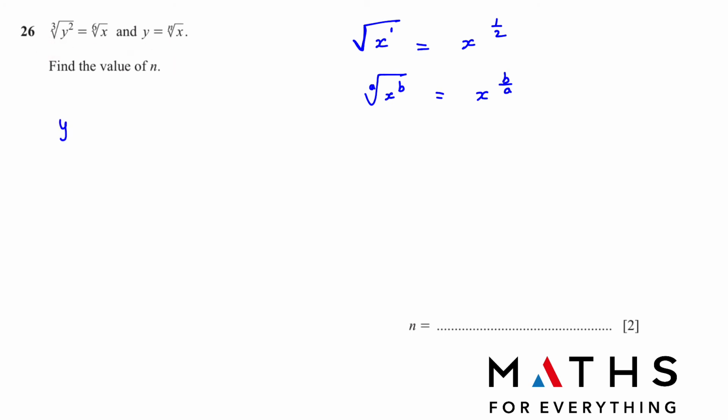So we can write y to the power of 2 over 3 is equal to x, with nothing written there, so the power of x is 1, is equal to 1 over 6. Okay, but y is also equal to x to the power of 1 over n. So we can replace this y with x to the power of 1 over n and leave the 2 over 3 outside.